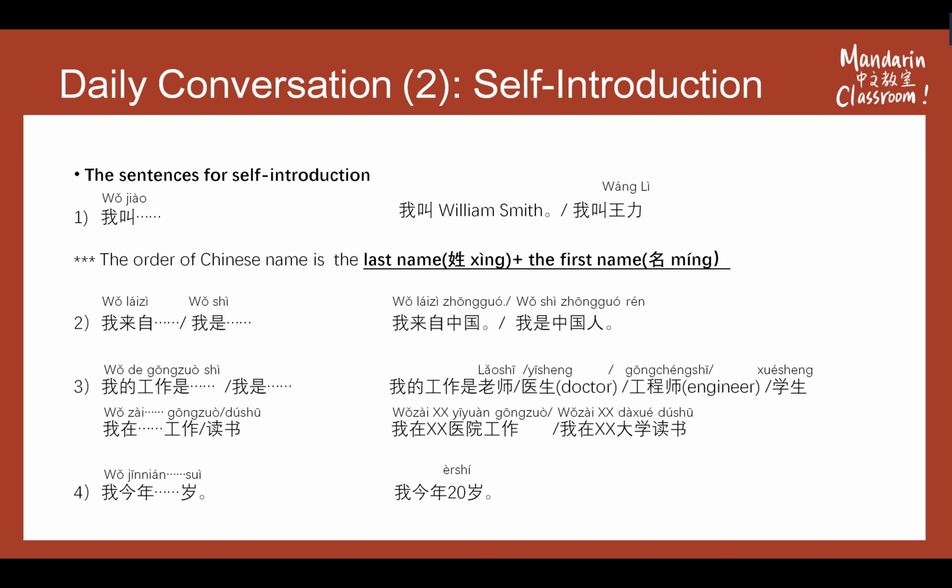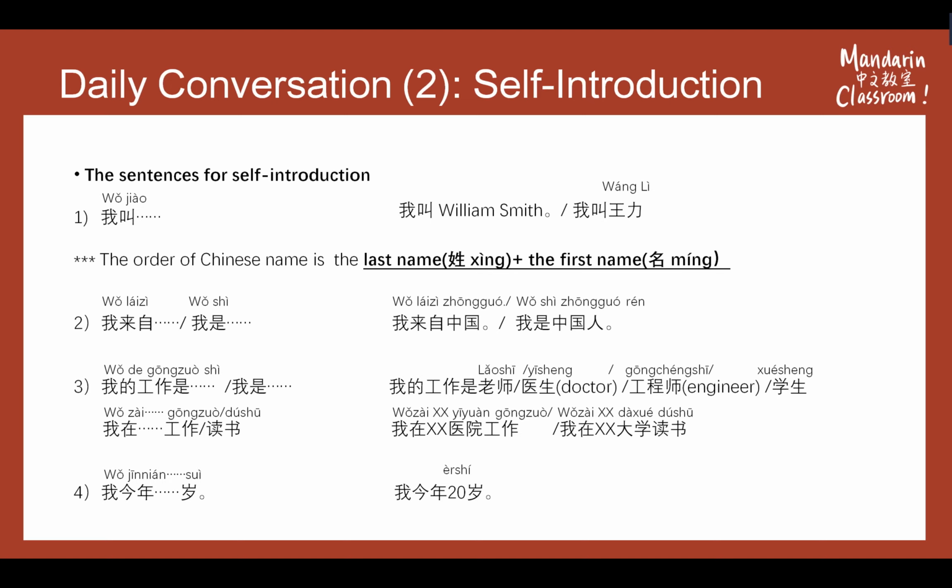Okay. And for extension, you could say the place you're working at and you're studying at. It's based on the grammar we learned in the last class. It's 我在 plus the place 工作 or 读书.